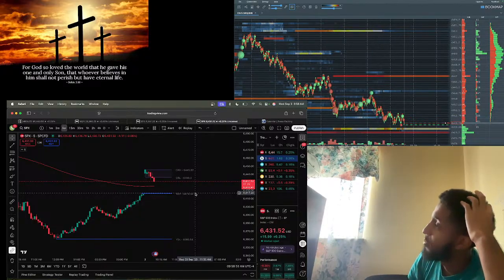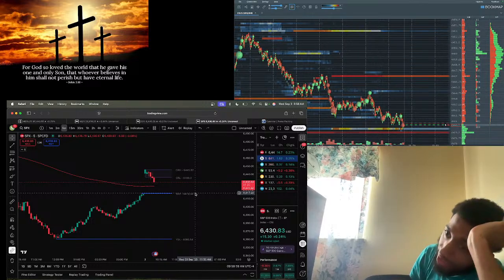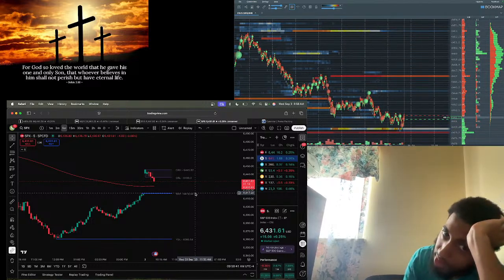SPX is like 25% filling up that gap, filling down the gap. So I believe we can move down some more today. We just gotta be patient.